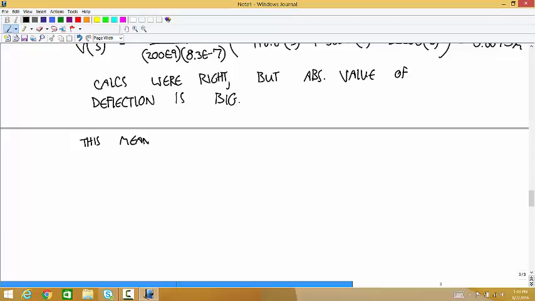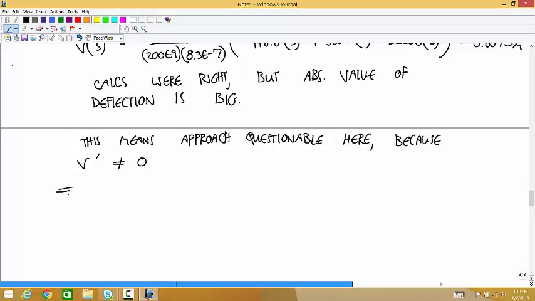So this means the approach is questionable here, because v prime does not stay close to 0, and therefore the curvature is not close to v double prime.